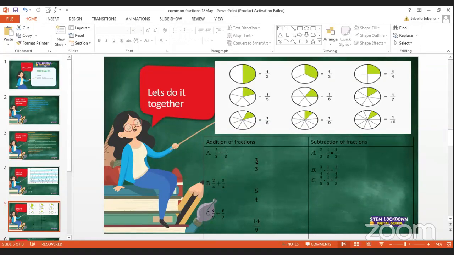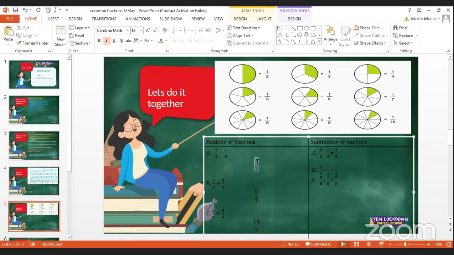And then you will have 3 over 3 because your denominators are the same. You can see them right here, right? Your denominators are the same, so you don't need to change anything here. You just add the traditional way, 2 plus 1, which is our 3.